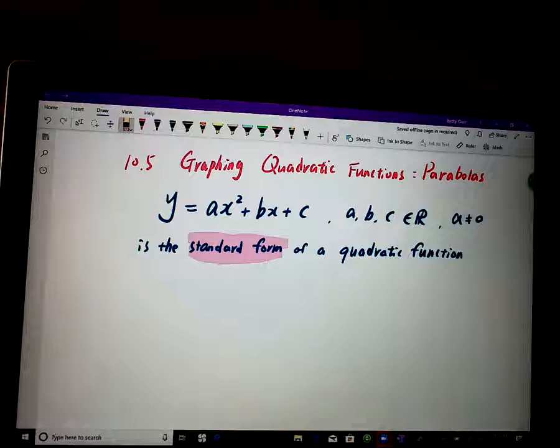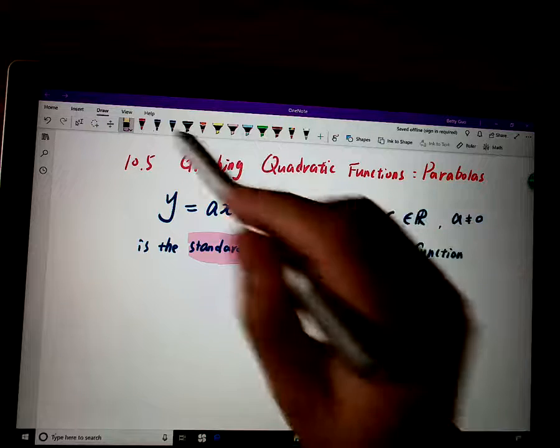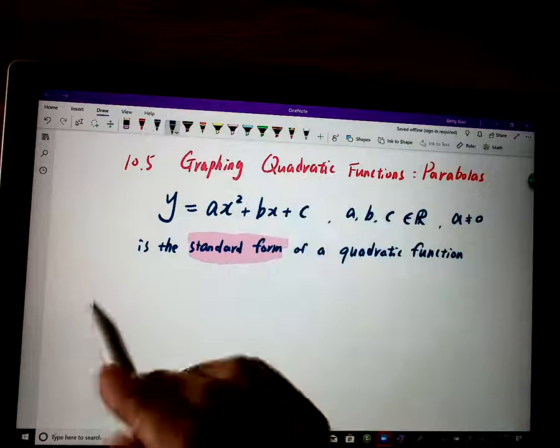The corresponding graph of a quadratic function is a parabola, a vertical parabola, either opening up or opening down. Then you might ask, when does the parabola open up, and when does it open down? It depends on A. I have that in my notes.